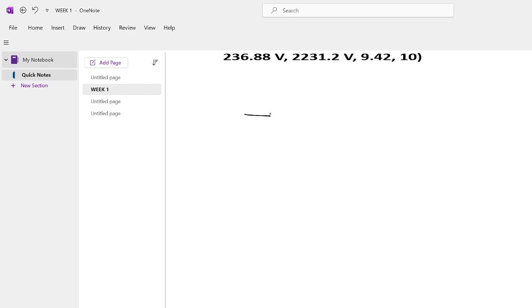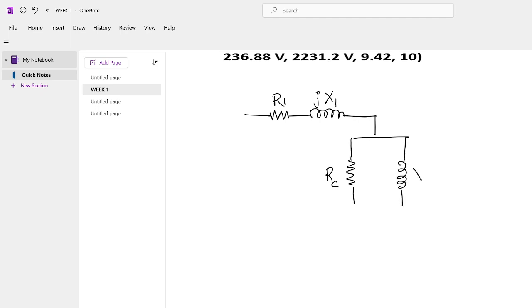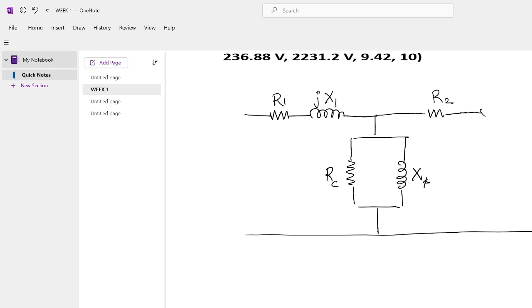We have this as R1, the leakage inductance X1, then the core loss component RC, then the magnetizing branch XM, then we have R2, jX2, and this is V2.